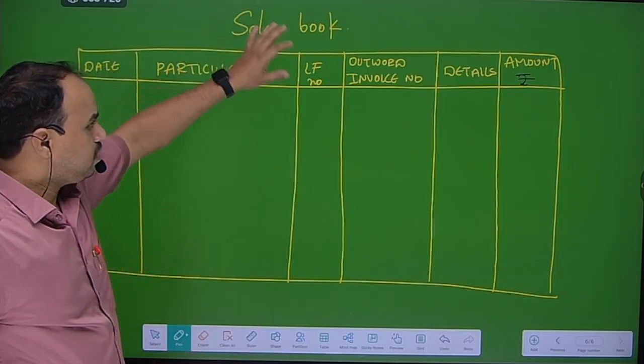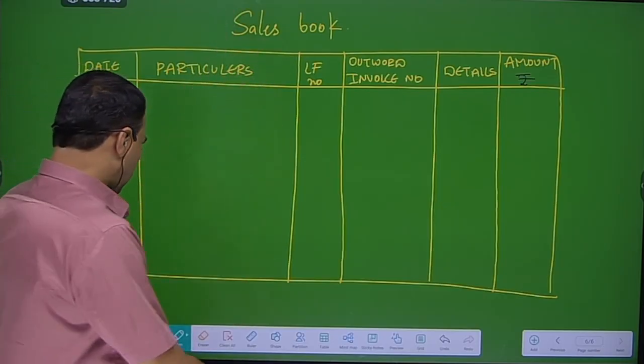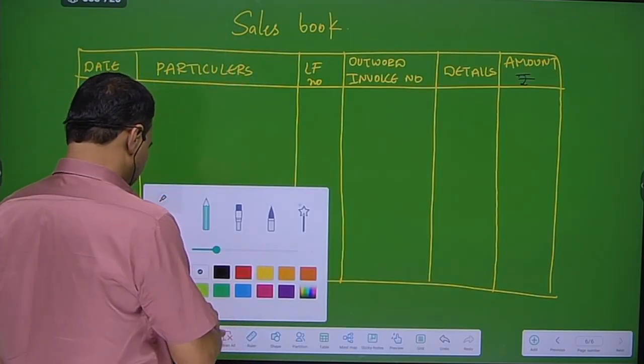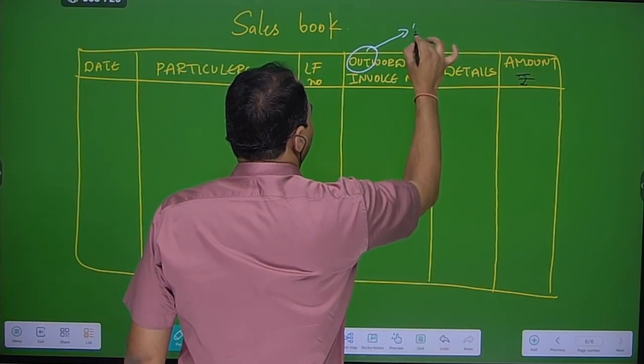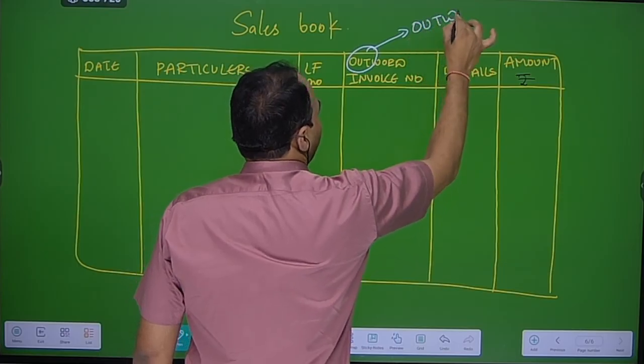What is the difference between the purchase book and the sales book? The only difference is that in the sales book we write outward invoice, here outward.